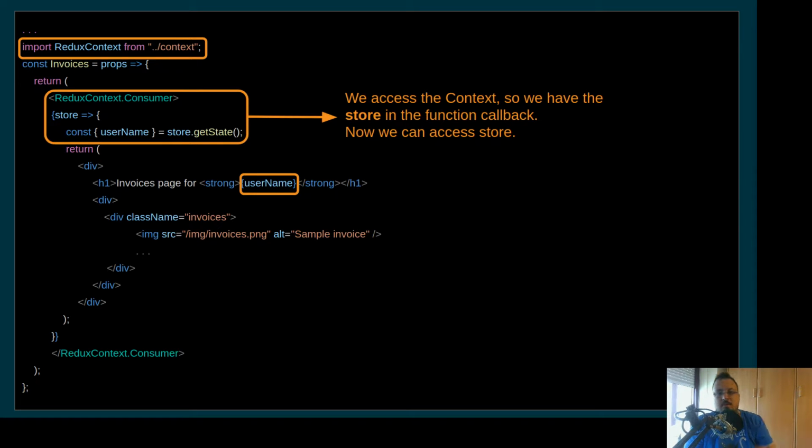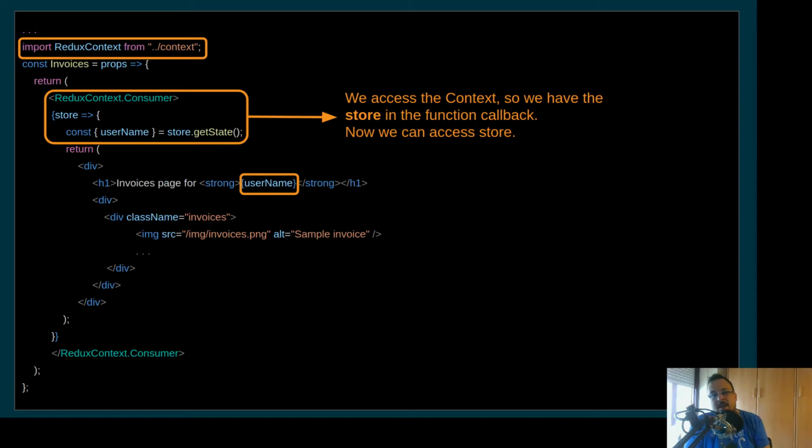So that's why now we can access the invoices page's username, and that username is destructured from the store getState. As you can see, we access it from where we want.